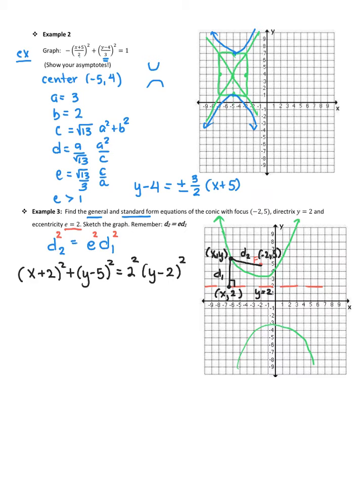Now the rest of this, to put it in general form, is really just foiling and collecting like terms. So I'm going to have here x squared plus 4x plus 4 plus y squared minus 10y plus 25 equals 4 times the quantity y squared minus 4y plus 4. So that's going to give me 4y squared minus 16y plus 16.